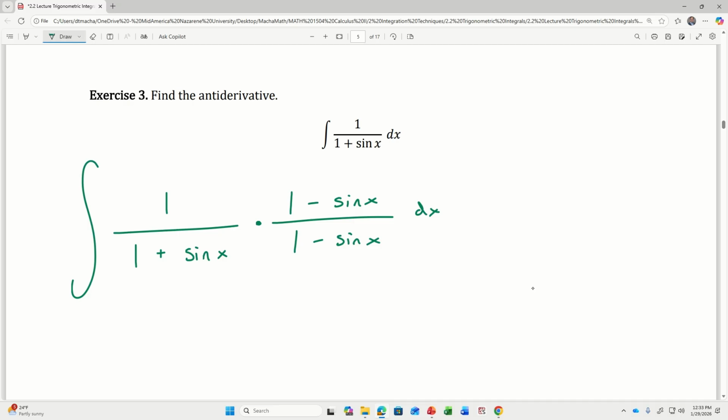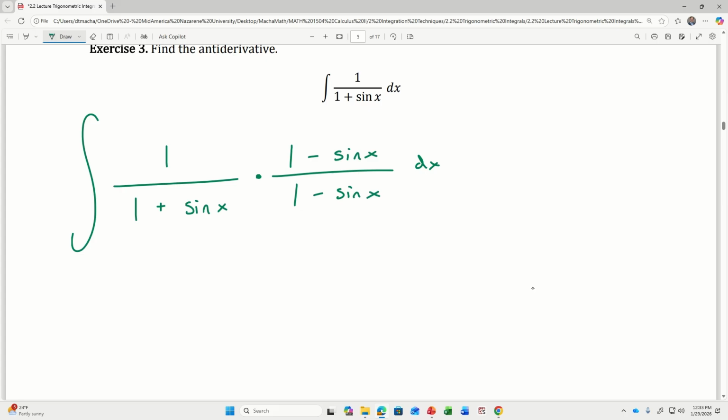And if I do that, I'll get 1 minus sine in the numerator. And in the denominator, what will I end up with? It'd be what? Negative sine squared of x.